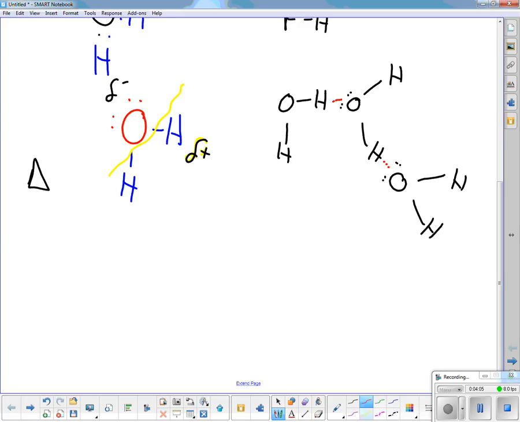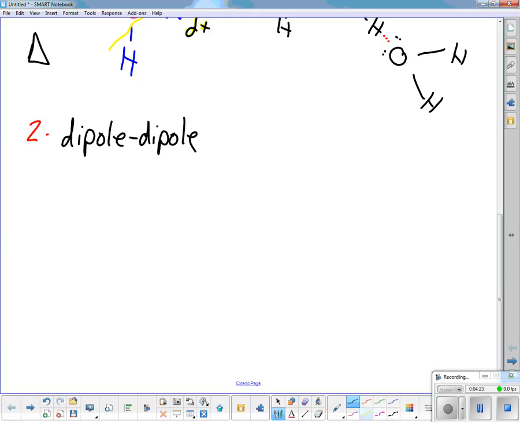The second one that we're going to talk about is dipole-dipole. On this one, this can happen with any molecule.